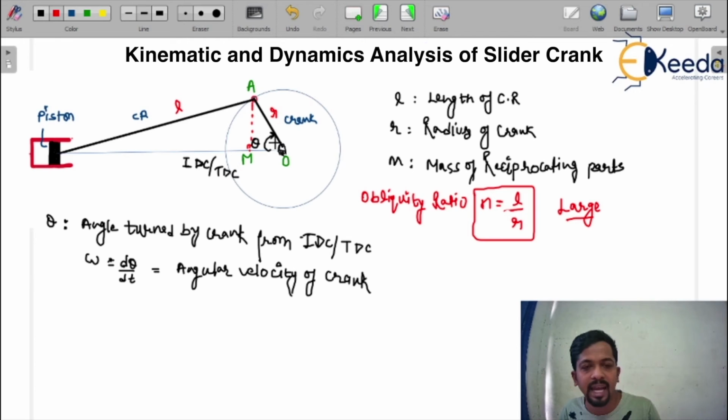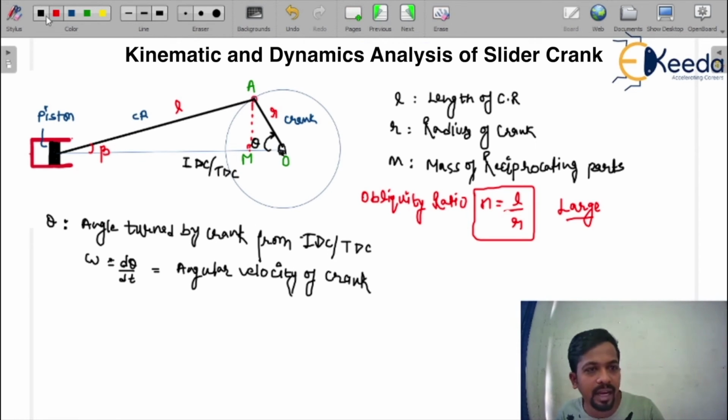And if there is a theta angle when the crank is rotated, there will also be rotation of the connecting rod with the horizontal. So I am considering this angle is beta. This is perpendicular to the horizontal, that means it would be r sin theta, and if you consider this triangle, it would also be L sin beta.